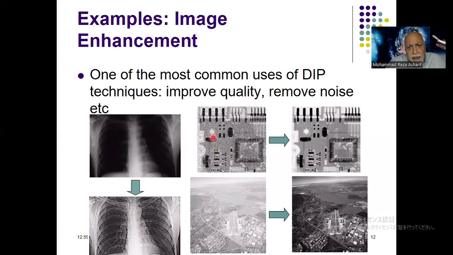In industry, this is, for instance, a printed circuit. We can apply noise removal to get a clean picture. For instance, this is pollution from a satellite or airborne picture; after removal of the pollution, you get this very clean picture.